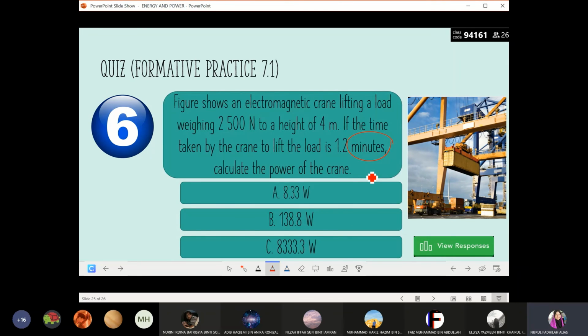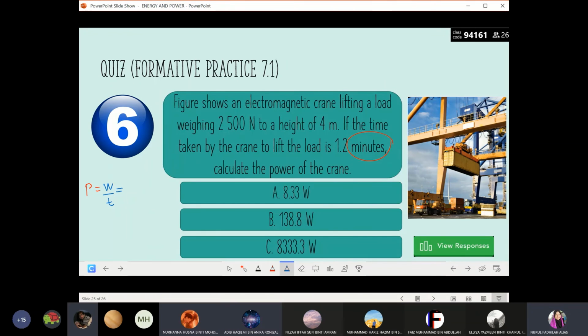You want power. What's the formula for power, class? Work done divided by time. So what's the work? You have calculated the work earlier, right? So what was it?